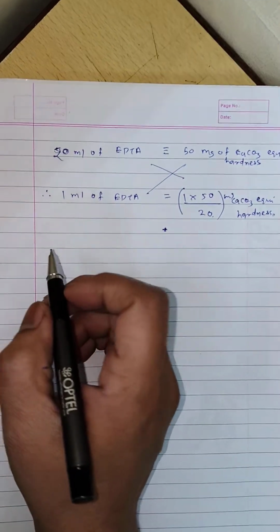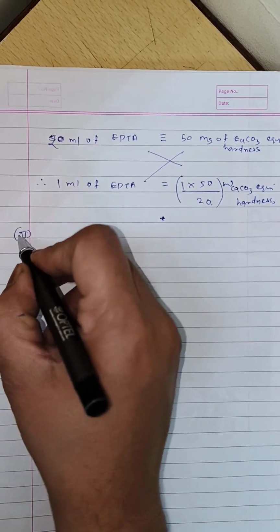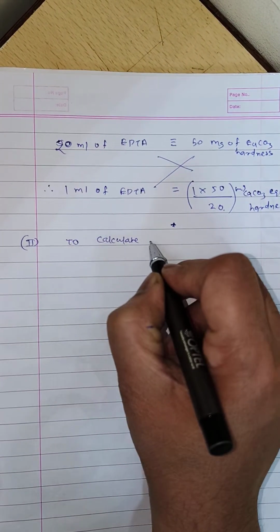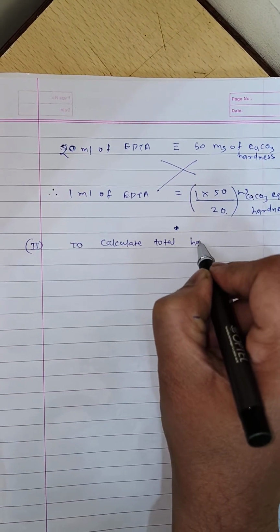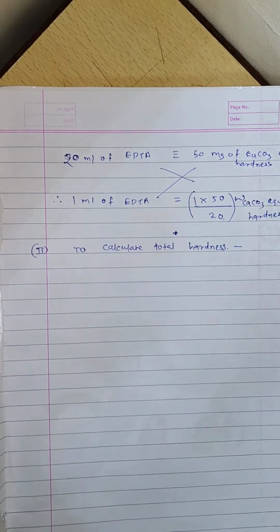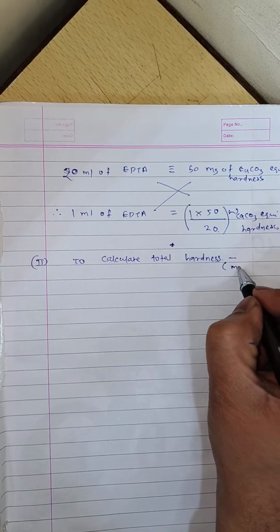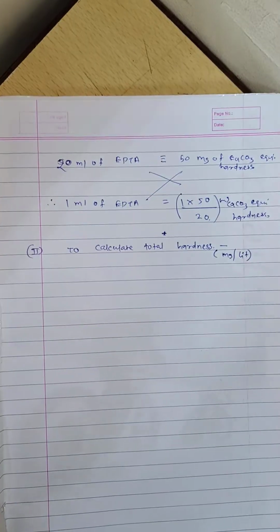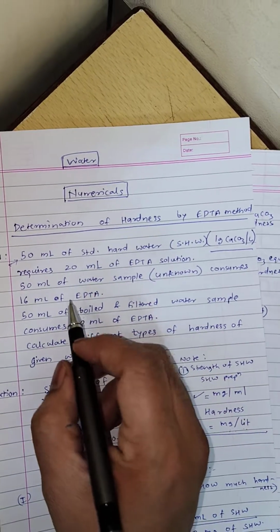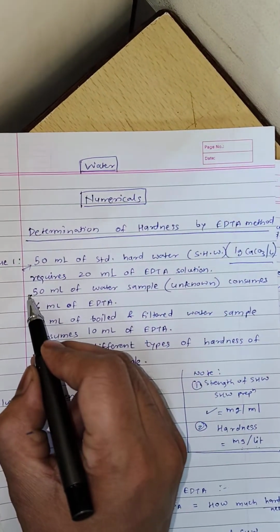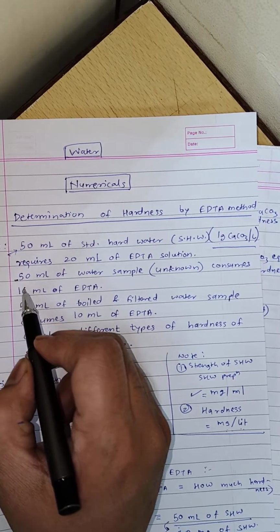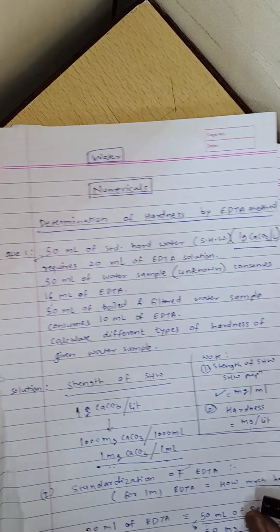Now step number 2, to calculate total hardness. Hardness will be in milligram per liter. What is our numerical? See the second point: 50 ml of water sample consumes 16 ml of EDTA.